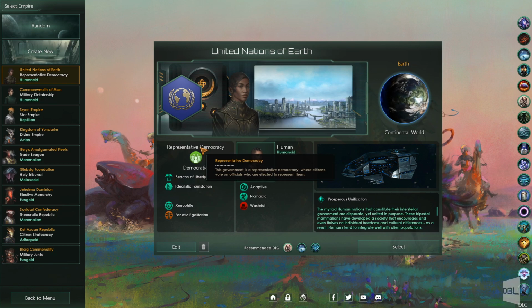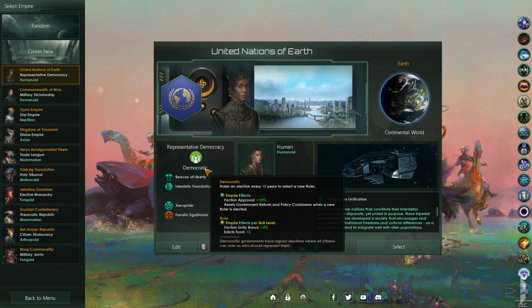Representative democracy. This government is a representative democracy where citizens vote on officials who are elected to represent them. We were looking at this. Empire effects. Faction approval 10%. Resets government reform and policy cooldowns when a new ruler is elected.